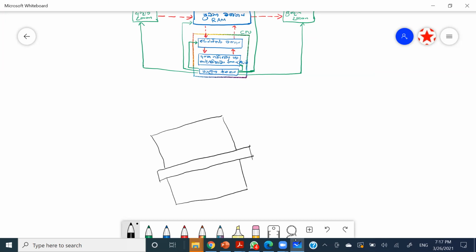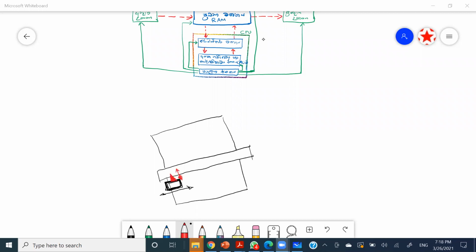And there is a moving head which moves from left to right, and as well as it has a small head which moves forward and backward, right?